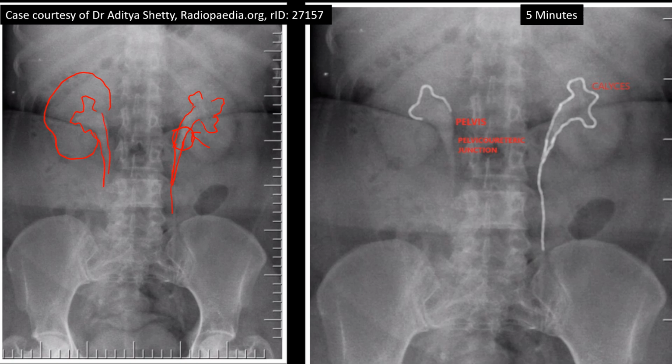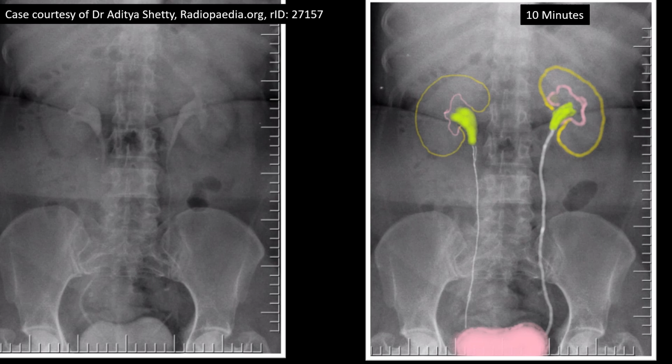The ureter extends up to the urinary bladder. At 10 minutes, we can see the shadow of the urinary bladder also, in addition to the ureter, pelvic-ureteric junction, renal pelvis, calyces, and kidney.